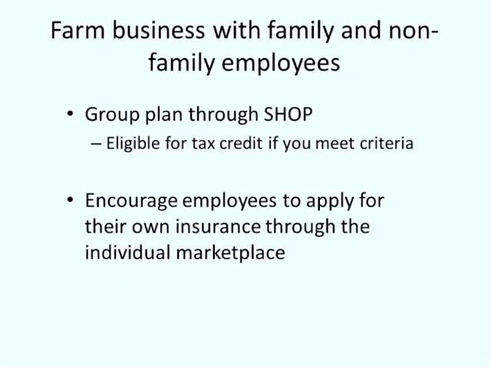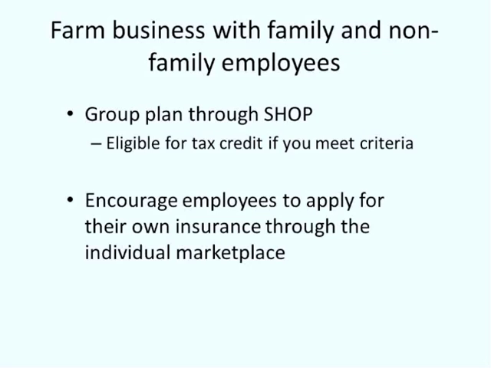All right, so I was going through some examples before, and I had the farm business that has family and non-family employees. So there's a couple of options. They can apply for a group plan through SHOP, and then they can get a tax credit if they meet the criteria.